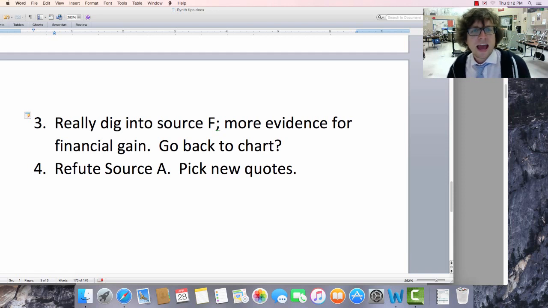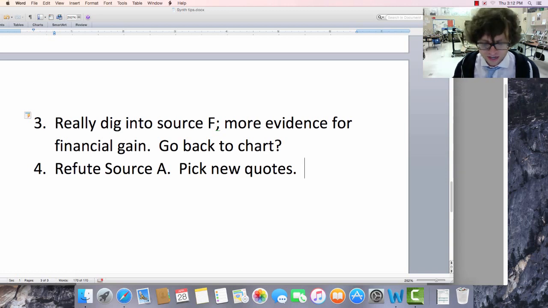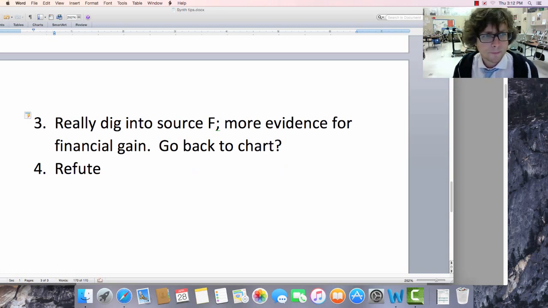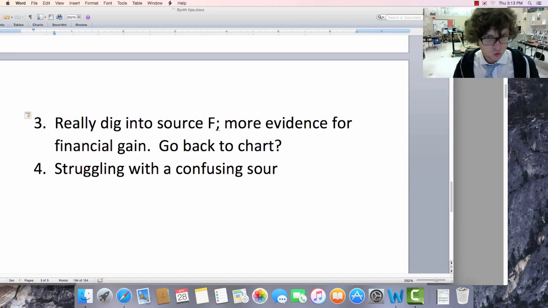I said there was one little caveat I wanted to use here as a piece of advice when it comes to conclusions. And that is, if you've written a really good essay so far, and let's say you've still got 10 minutes left of the time you've set up for the synthesis essay, another good strategy for conclusions, if not a refutation, is to spend your conclusion struggling with a confusing source.